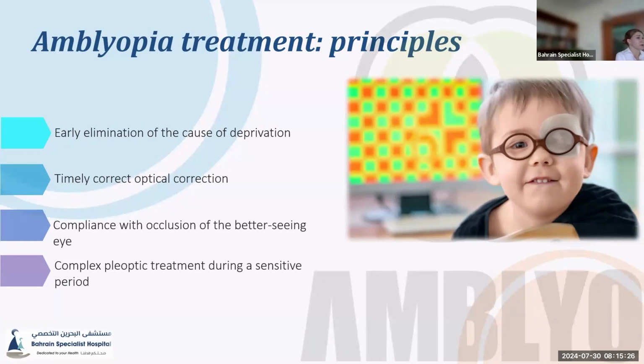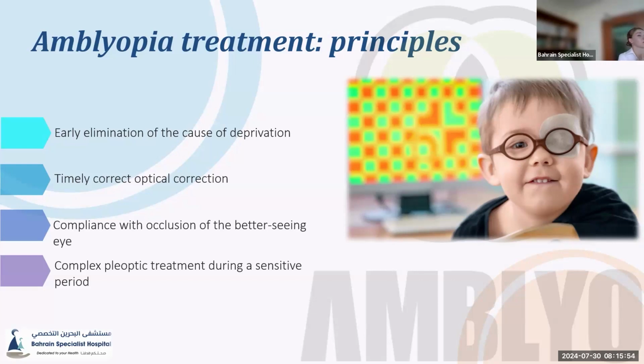If the cause of amblyopia is refractive error, timely and correct optical correction must be done. We need to prescribe correct glasses. And when we have glasses and have eliminated the cause of deprivation, we start treatment.